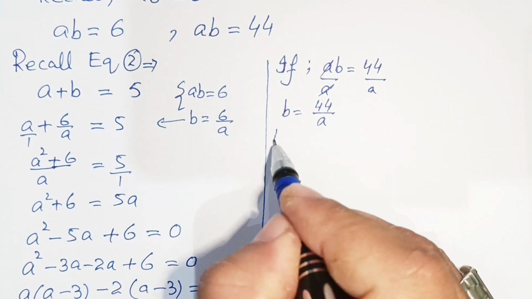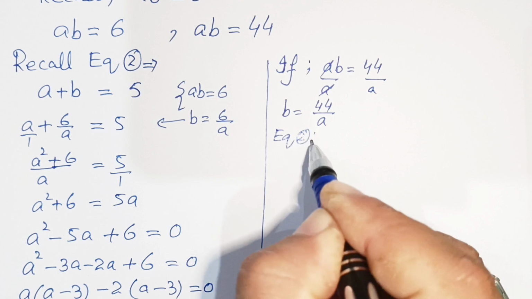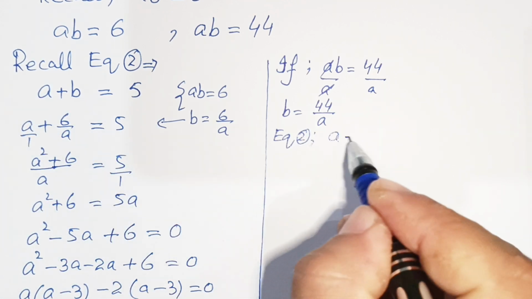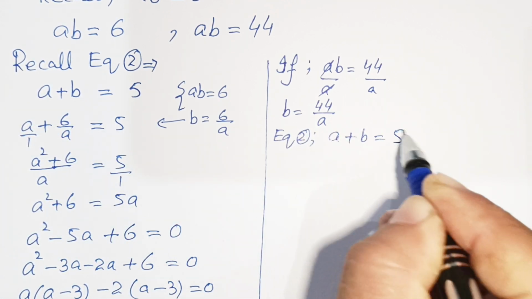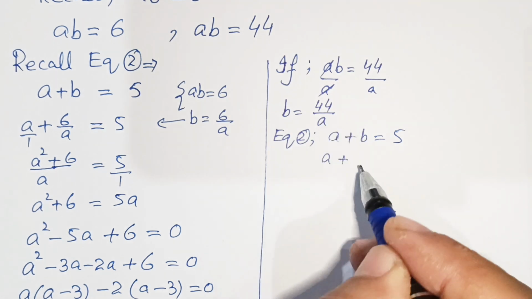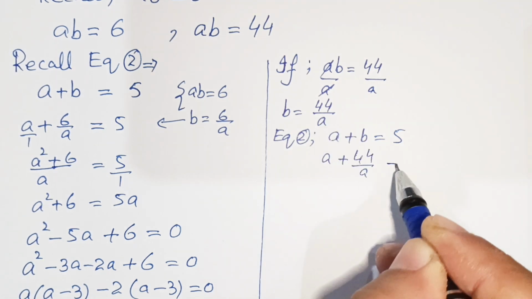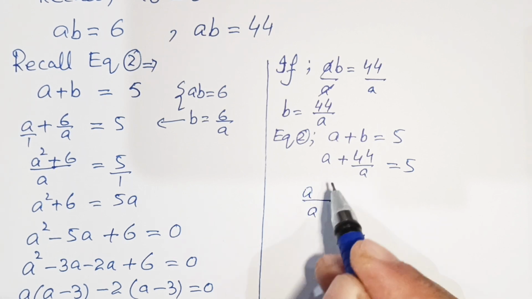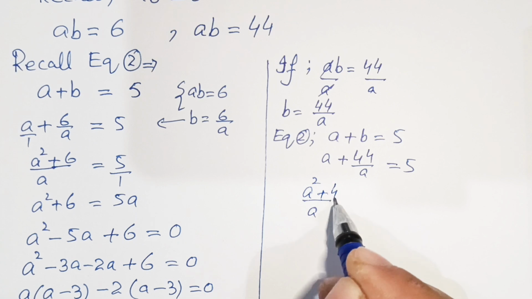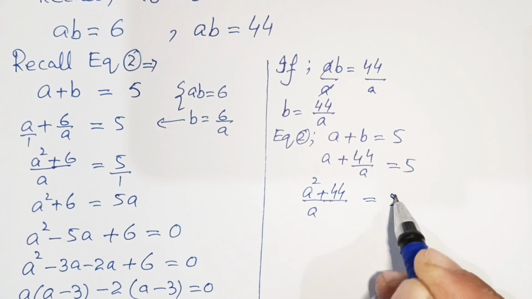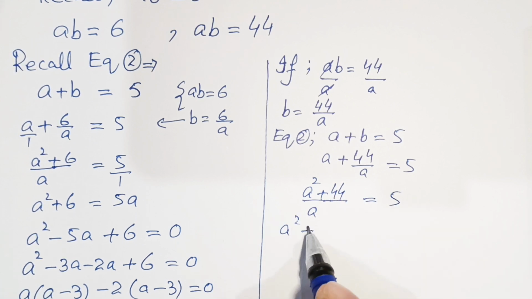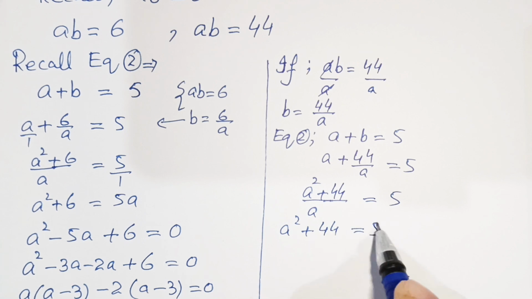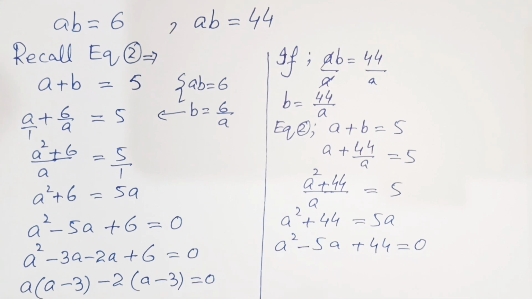Now putting in equation 2, it is a plus b equal to 5, so a plus the value of b, 44 over a, is equal to 5. By least common multiple, we have a times a is a squared plus 44 is equal to 5. By cross multiplication, we get a squared plus 44 is equal to 5a. So here we have a squared minus 5a plus 44 is equal to 0.